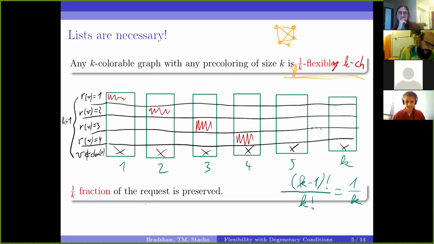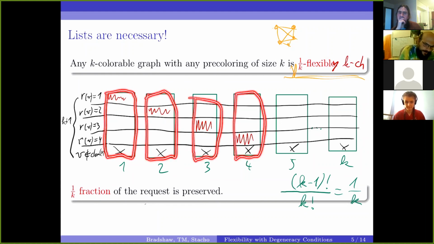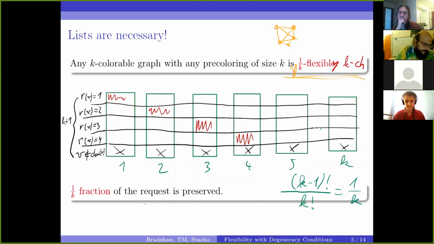If we have a k-colorable graph, then we can partition it into k independent sets. Those are the green boxes. But also in each green box, we can group the vertices based on their preference. This first quadrant are vertices from the first independent set that requested color 1, and so on. Here they requested color 2, color 3, color 4, up to the vertices that haven't requested anything.